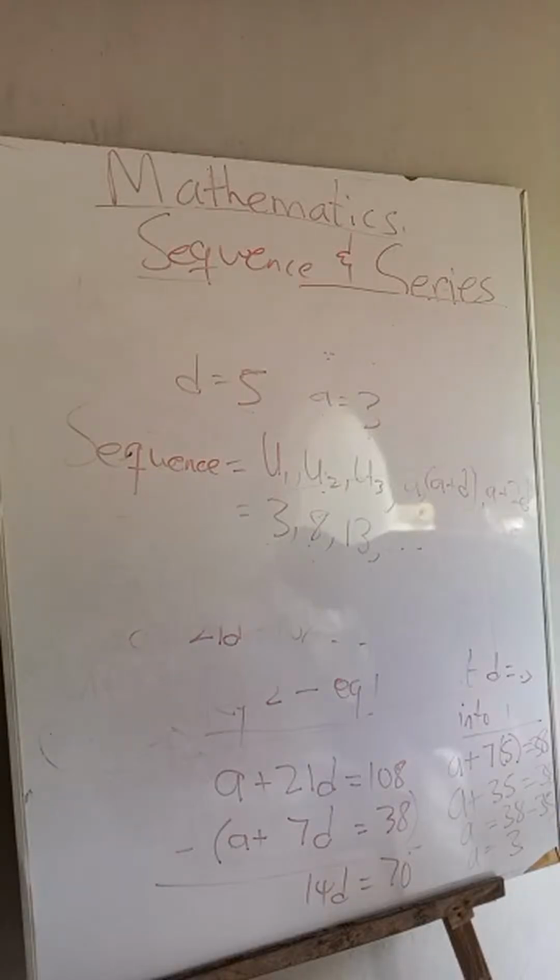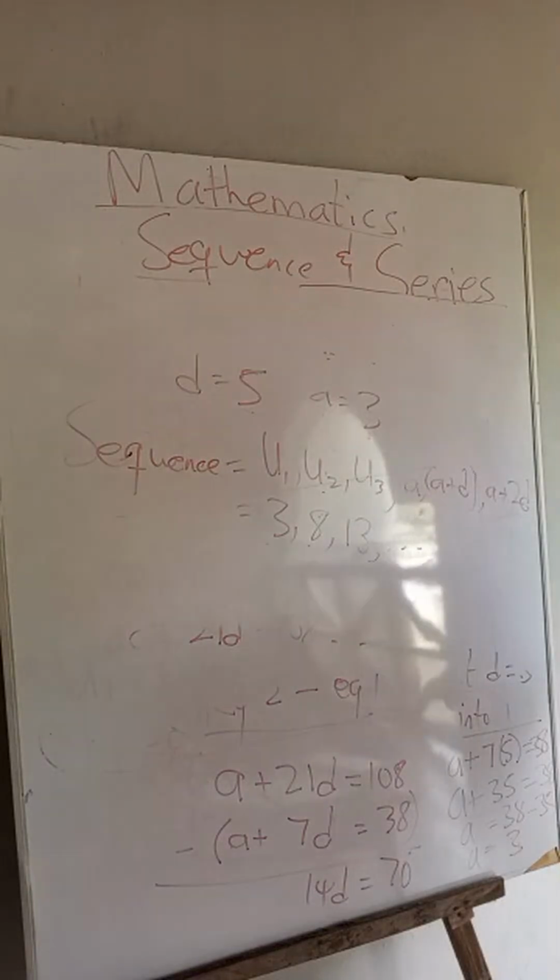Find the linear sequence whose second term is 28 and 17th term is -2.